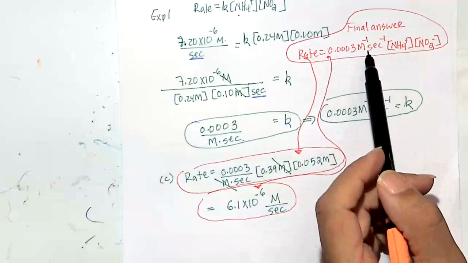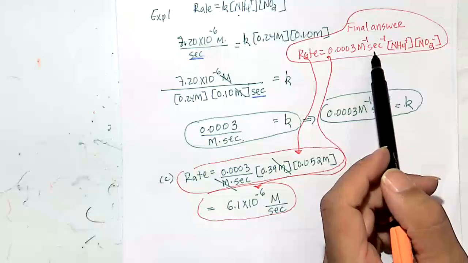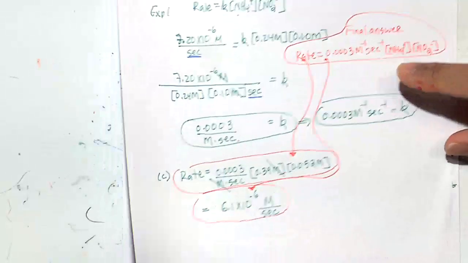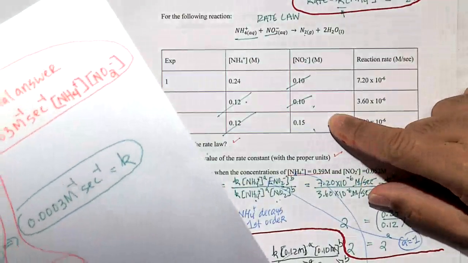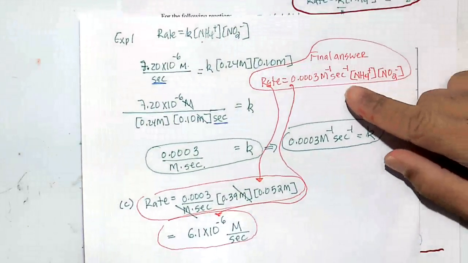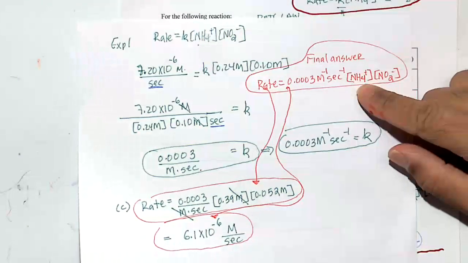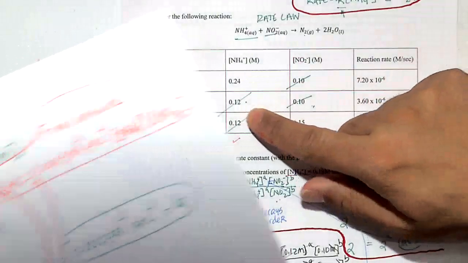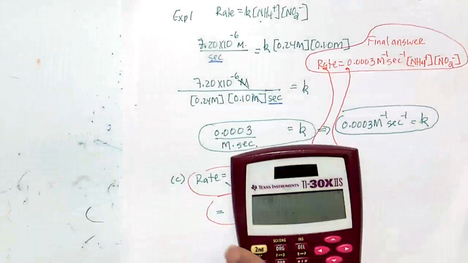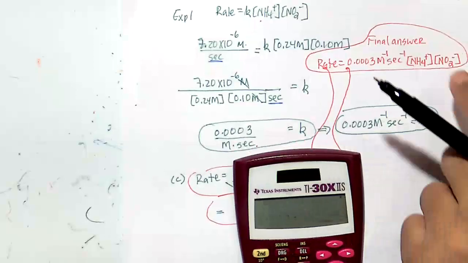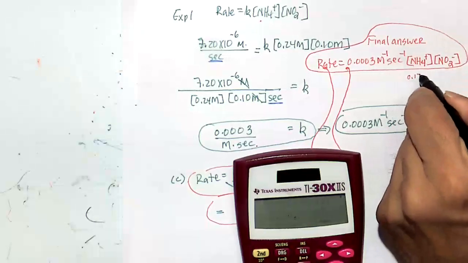How do you know this is the right answer? You can plug experiment 2 values in or experiment 3 values in. So let's say I plug in experiment 2 values. What is NH4 positive in experiment 2? 0.12.